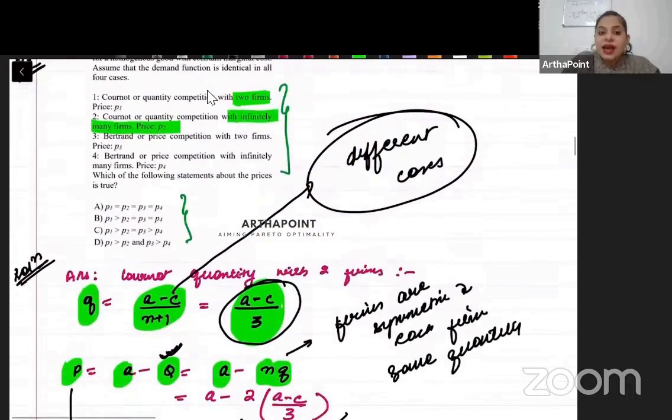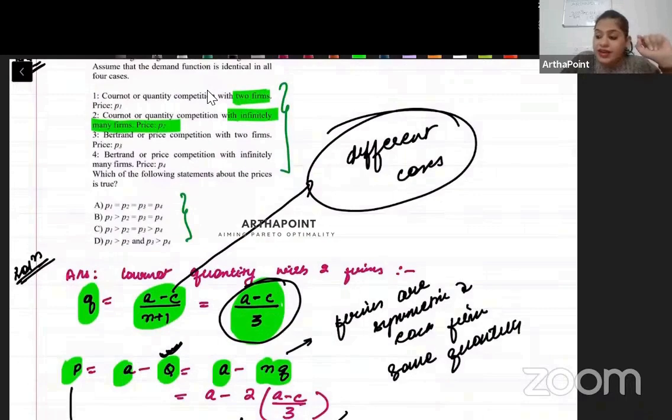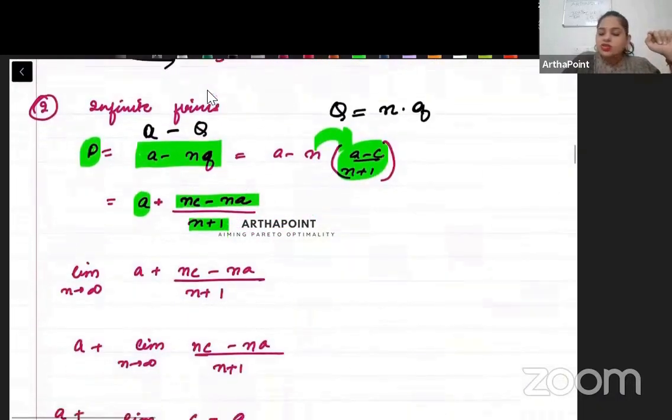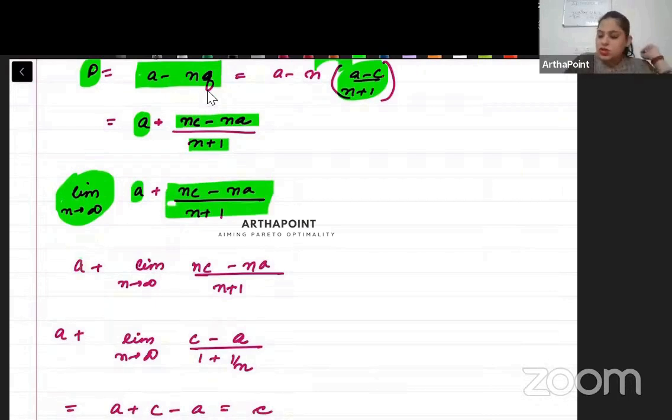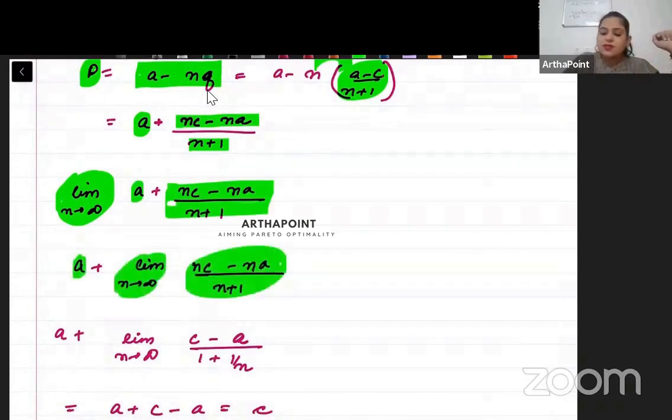Now it says that there are infinitely many firms in the market. So I can just go ahead and take limit N tends to infinity. A can come out, it's a constant. So it will be A plus limit N tends to infinity with this part.